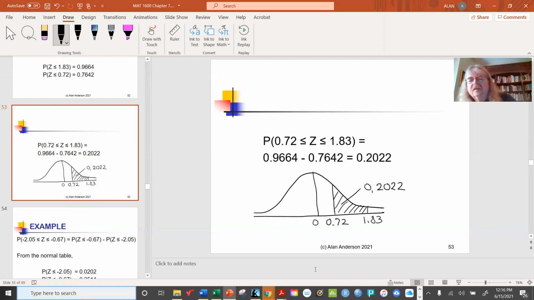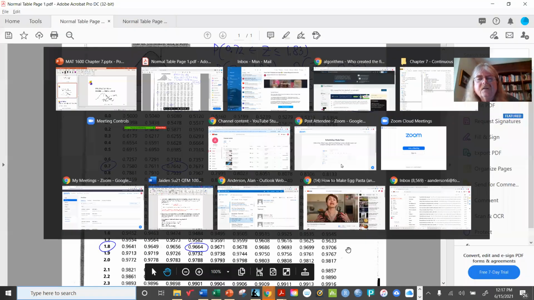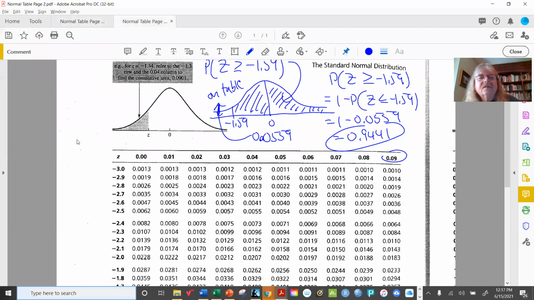So that's what we end up with. Beautiful. All right. Now there's another example here with the negatives. So let's get rid of all this old stuff.